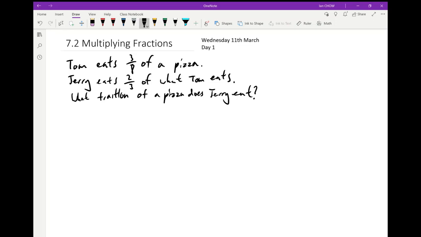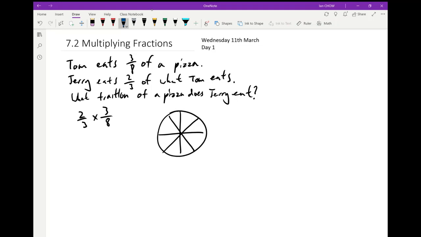We have a fraction problem of 2/3 of, which means times 3/8. So this is a multiplying fractions times fractions kind of problem. If we want to do this visually, what does this actually mean? For this pizza, Tom eats 3/8 of the pizza. So this is what Tom eats.